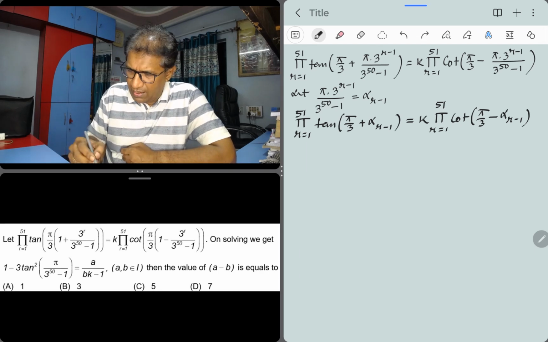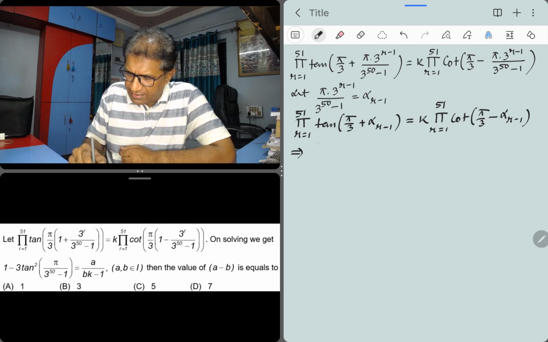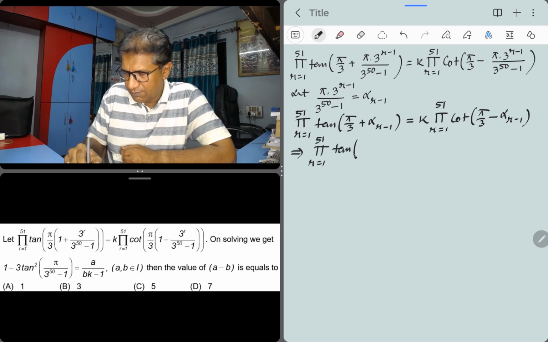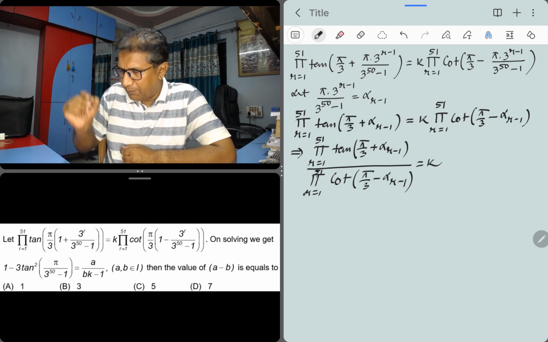Okay. Now I can take this cot pi by 3 minus alpha suffix r minus 1 in the denominator. So we are getting, which is equal to k.